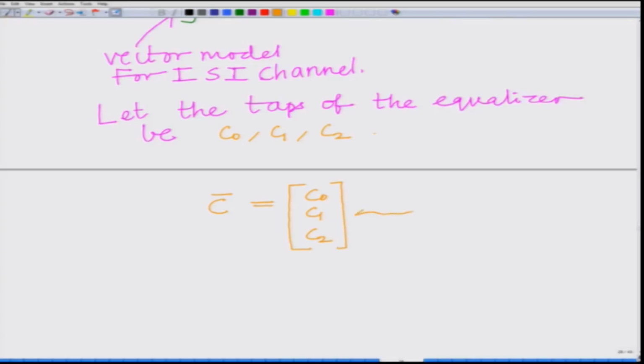So, this is also your equalizer vector. What is the equalizer vector? That is an r dimensional vector which has the taps of the equalizer, C0, C1 up to C(r-1). Since we are considering a 3 tap equalizer, we have C0, C1, C2. These are the 3 taps.